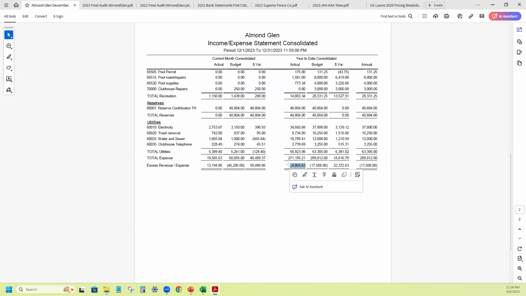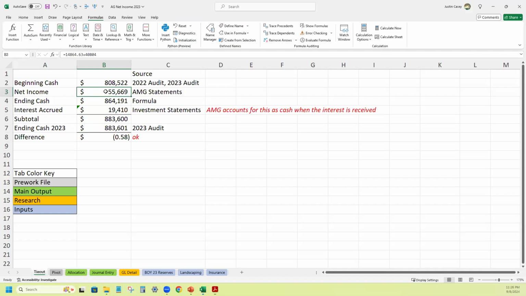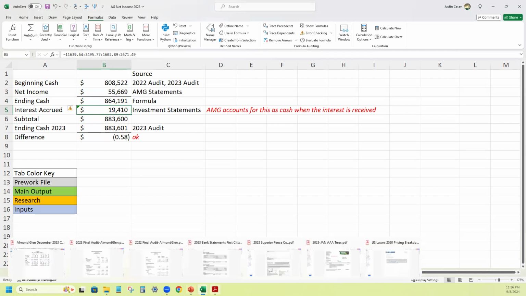The cash level hasn't changed. So we add these two numbers, 14,864 and 4,804, and that's our net income from the AMG statements, which gets us a dollar amount of 864,191. Then the interest accrued was the last reconciling item as of year end.